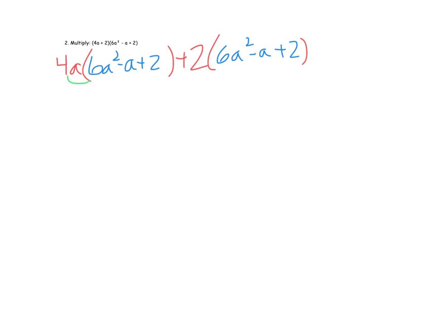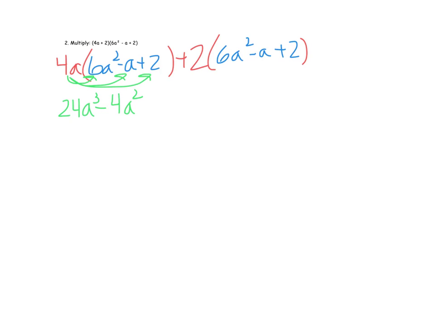So we're first going to take the 4a and distribute it into the trinomial. So 4a times 6a squared, we get 24a to the third. Remember, you add your exponents. And then we have 4a times negative a gives us negative 4a squared.